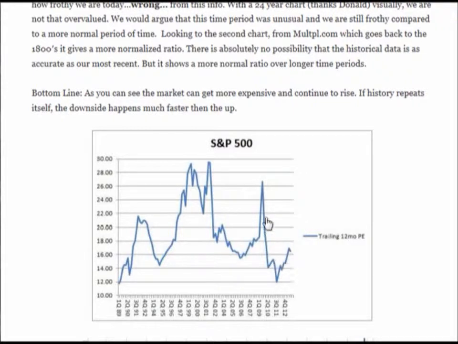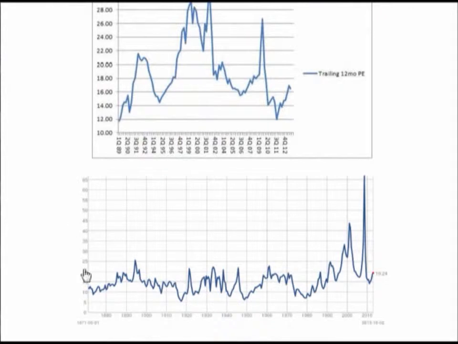Well, what has happened is over the past 2 decades, we've had some crazy times where the E has fallen out. That makes the multiple skyrocket, and the price also went down, but stayed higher than the E dropped. Our argument would still be that longer term, we also found this chart.